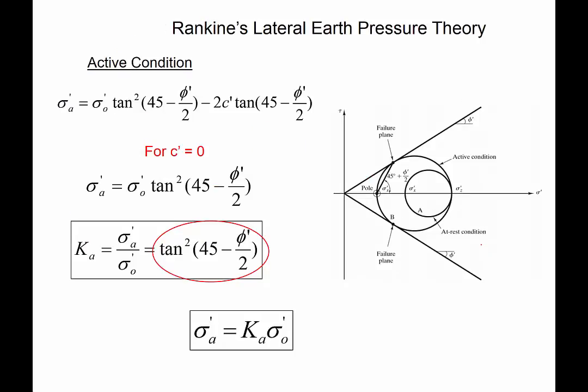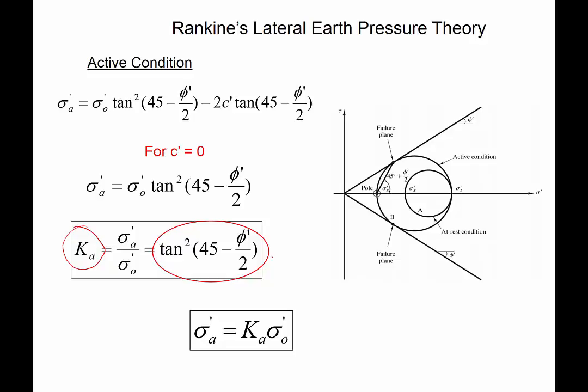We have also seen for the active condition, the coefficient of lateral earth pressure or K sub A can be calculated as tan square (45 minus phi over 2), where phi is the angle of internal friction.